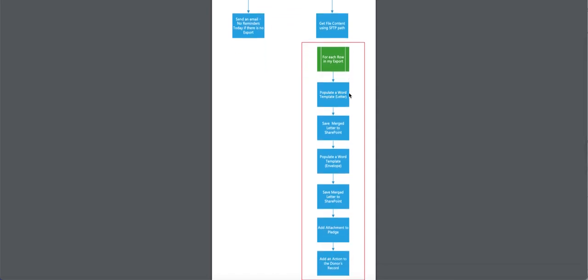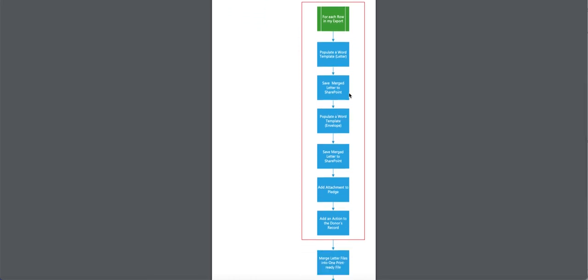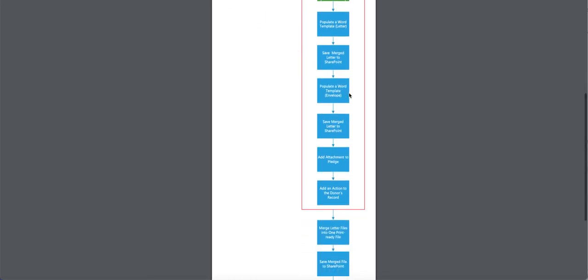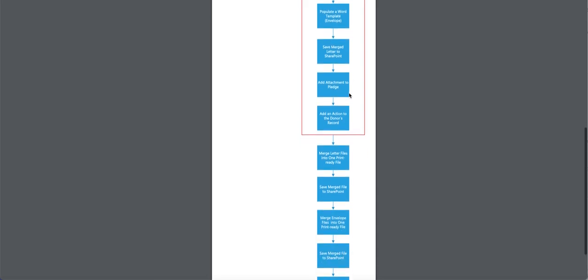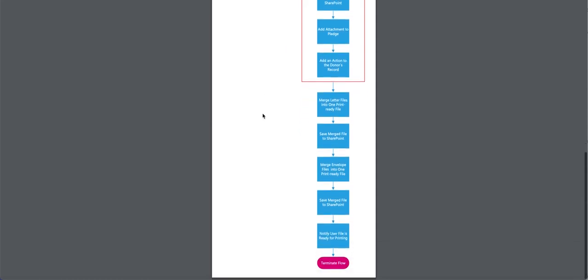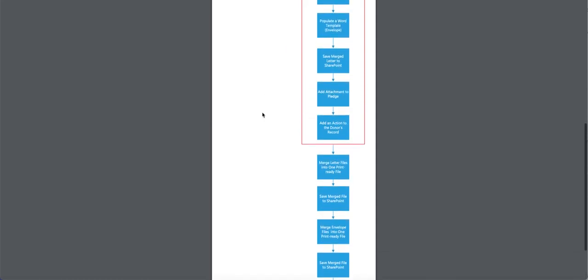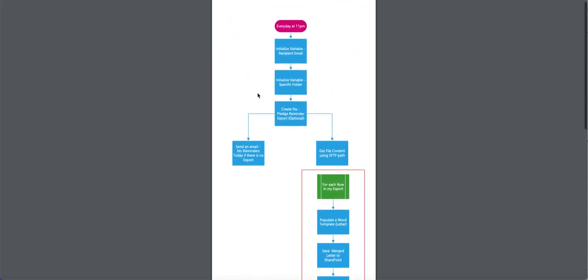Based on those, we're going to create a merge letter, a merge envelope, save those letters and envelopes individually and combined on a SharePoint folder, and then make a notification to an intended recipient once those are ready. So again, pretty similar to the previous one. The main difference is we're basing this on an export.